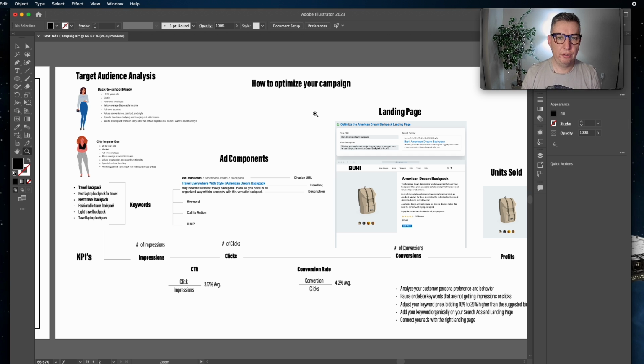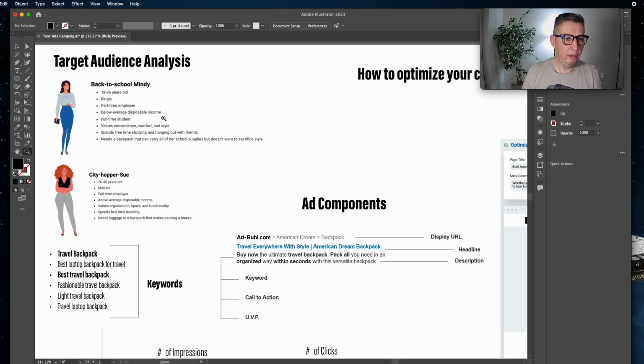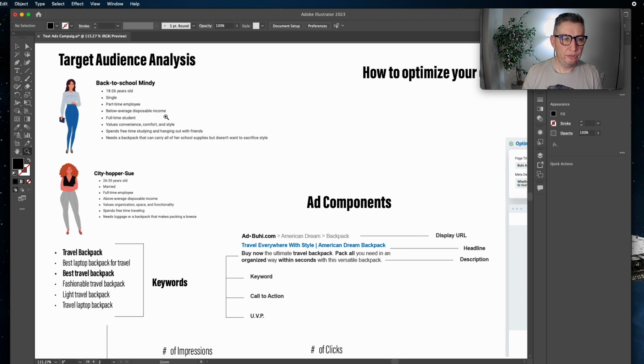So before we move into the simulator, I want you to see this diagram or graphics I have created for you guys to better understand what are the elements we need to focus on before we start tweaking our elements in the simulator.